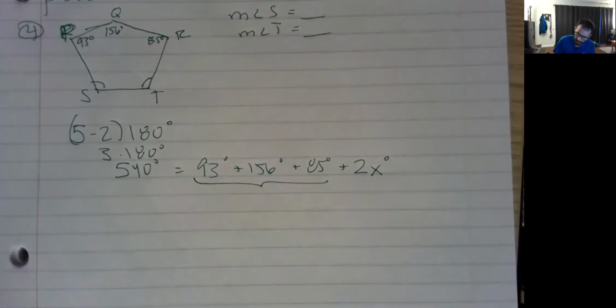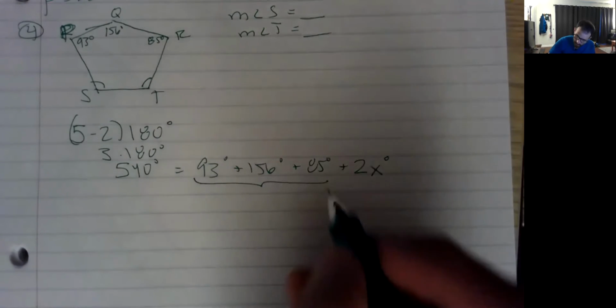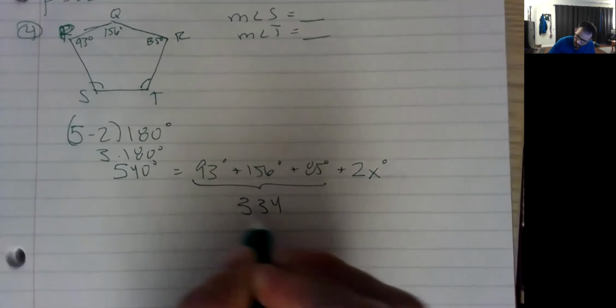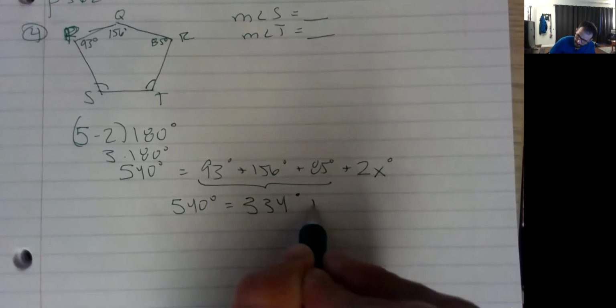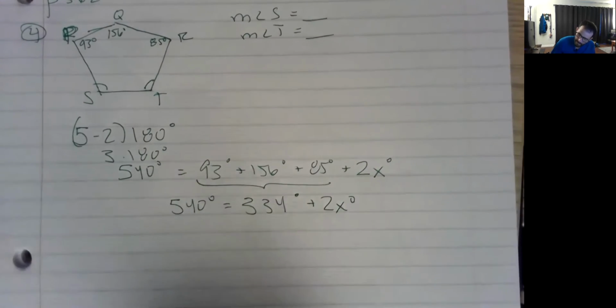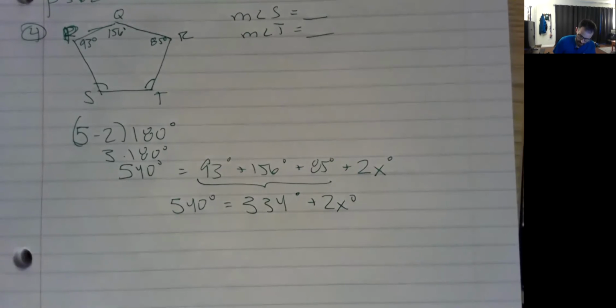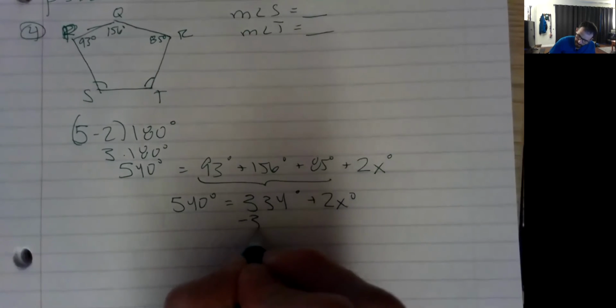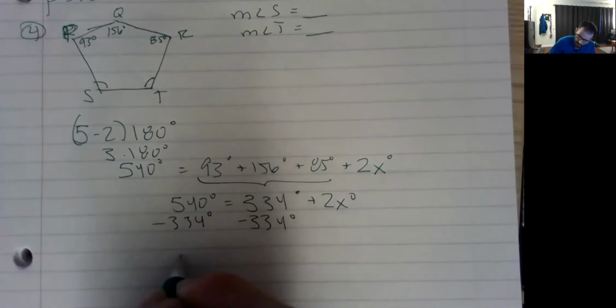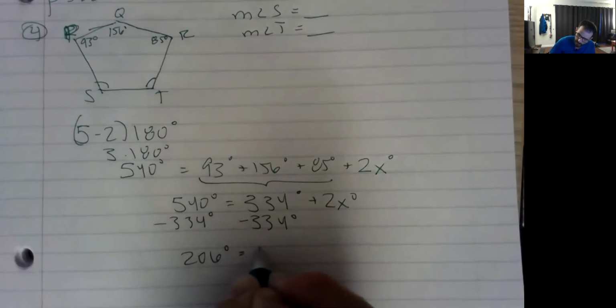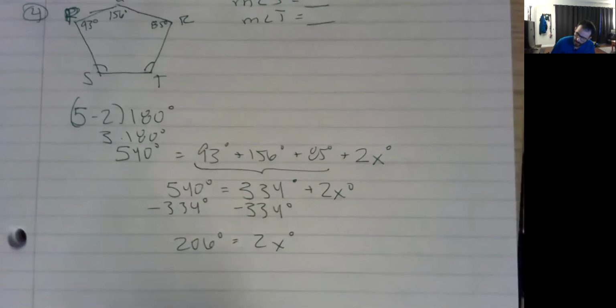I'm using my calculator over here. You should be doing the same on your own. We get 343 degrees. Take it away from 540. And we get 206 degrees is equal to 2x degrees.